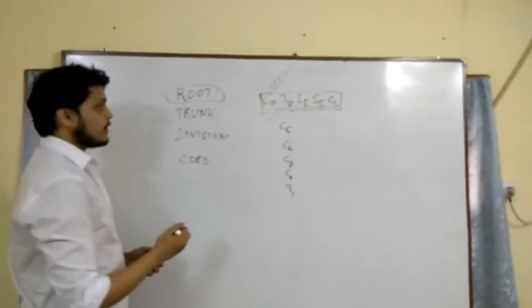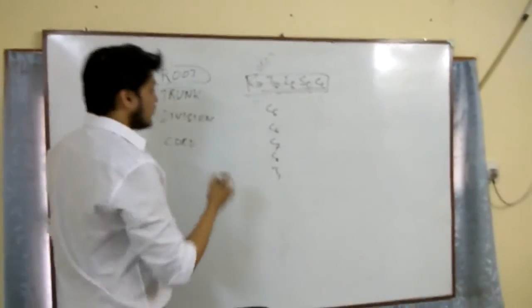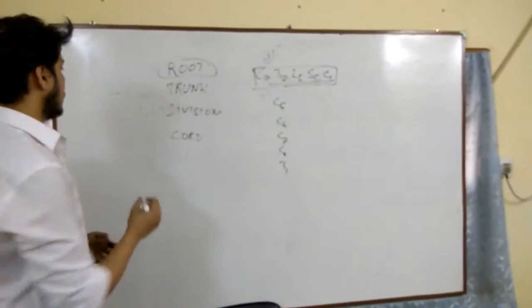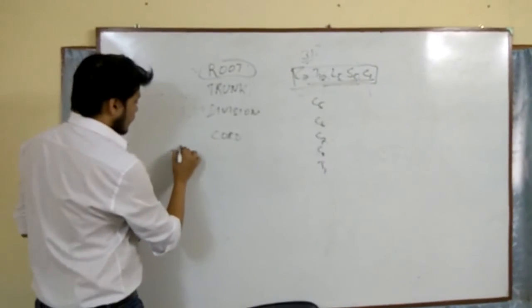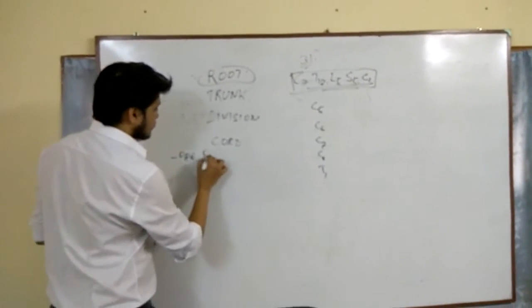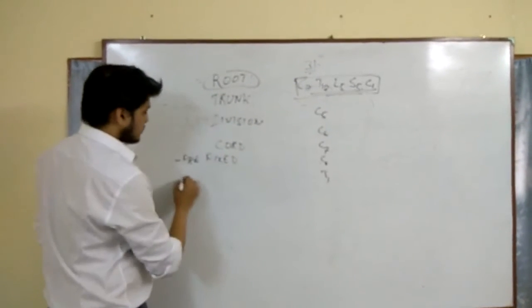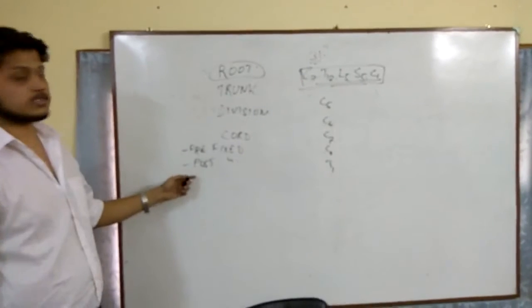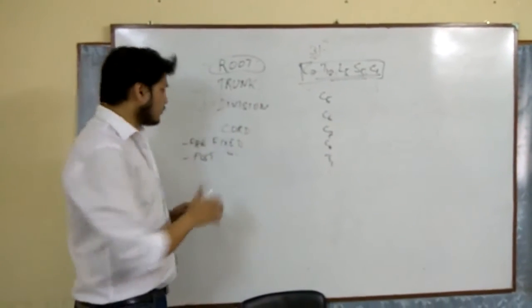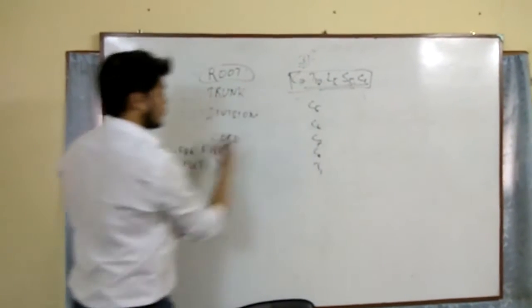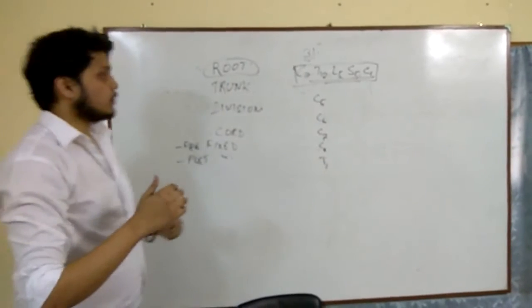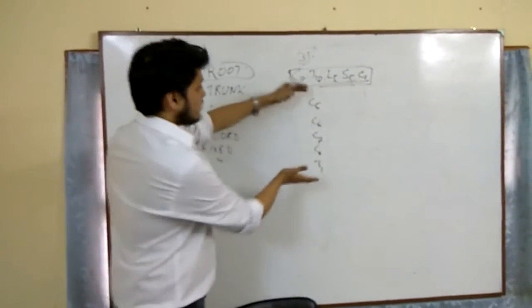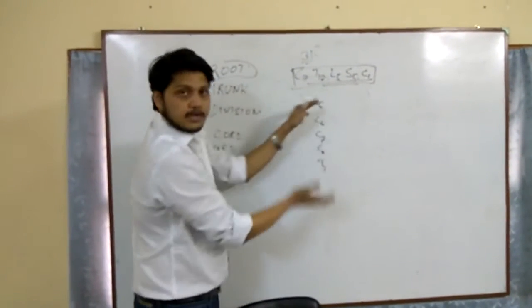Before we enter into the brachial plexus, I will briefly go over two terms: prefixed brachial plexus and postfixed brachial plexus. What do we mean by this? Not all individuals have the same roots of the brachial plexus.